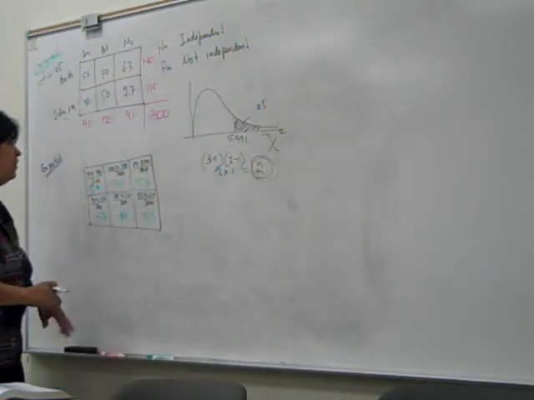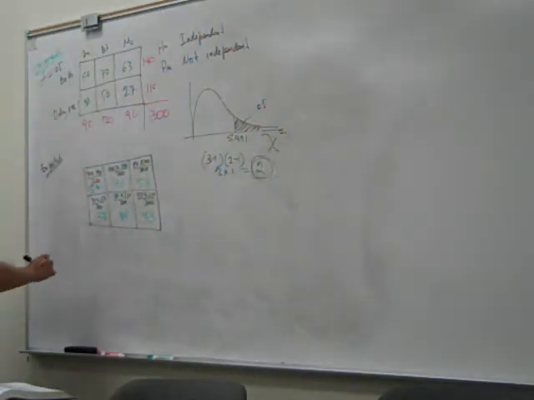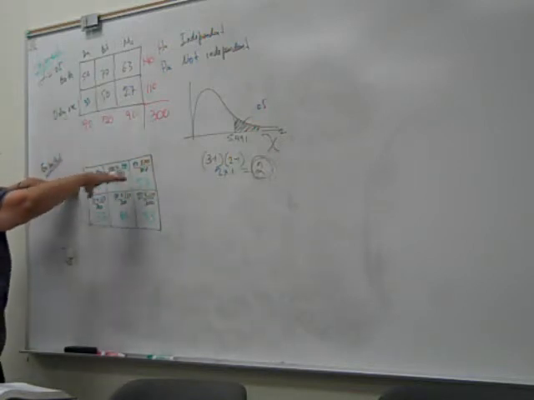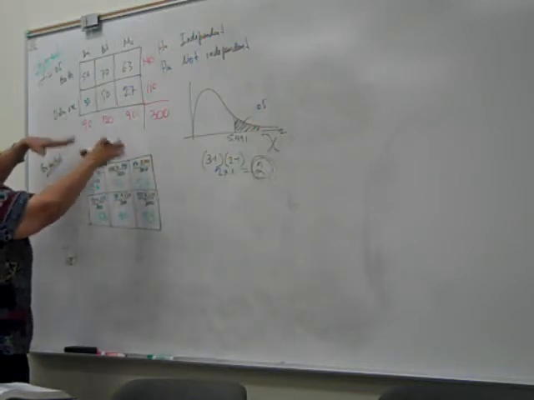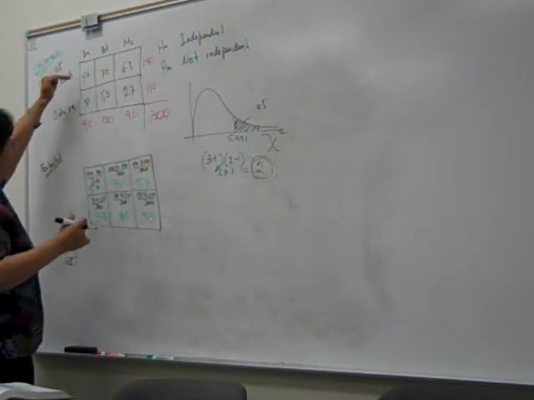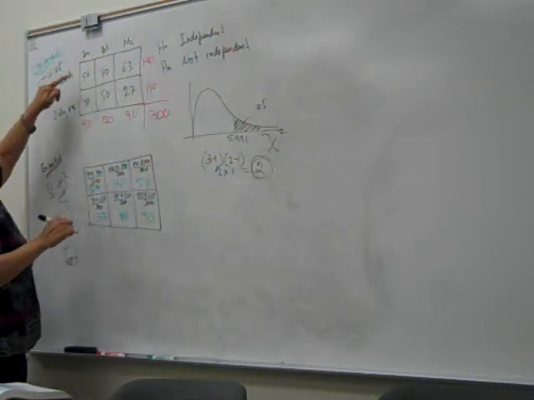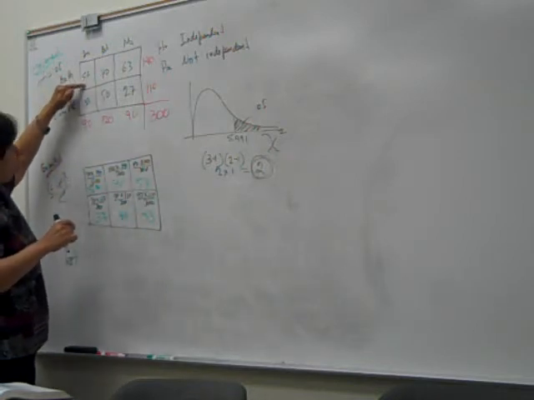Now, how are we going to do the test? Remember, it's a double summation. For each row and for each one of the columns, we want the frequency minus the expected, squared, divided by the expected. So this is the frequency, the observed.